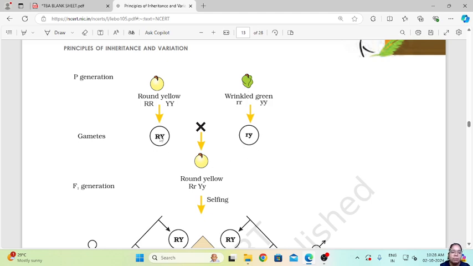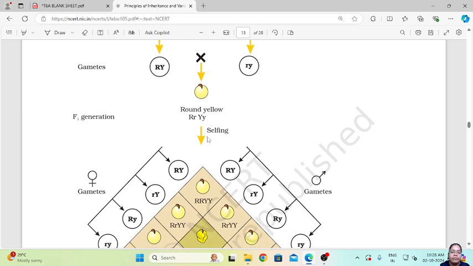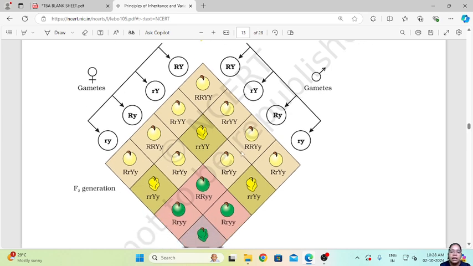The gametes will be round and yellow, and wrinkled and green. So the first generation we will get is round and yellow, that is capital R small r and capital Y small y. After selfing, you will get four sets of gametes. When we cross these gametes in the Punnett square, this is called a Punnett square.